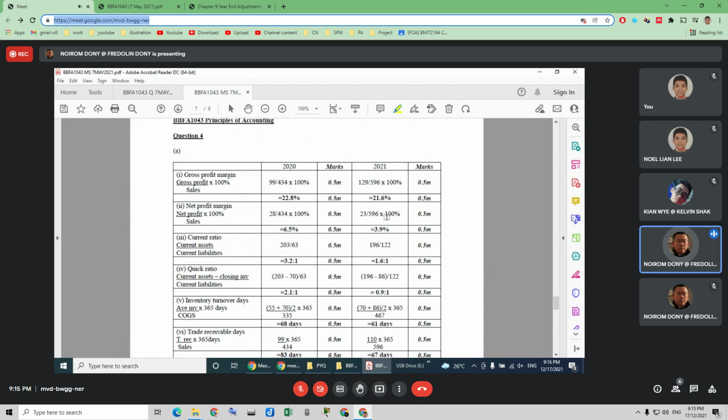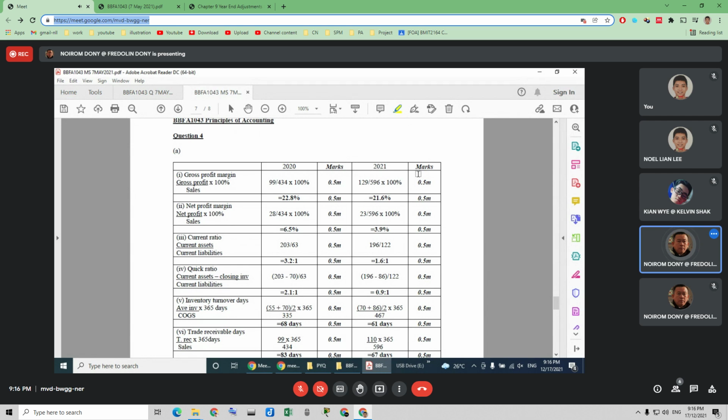So if you look at question 4, the requirement wants you to find gross profit margin, net profit margin, current ratio, quick ratio, inventory turnover days, trade receivable days, trade payable days. So gross profit margin: take the gross profit, divide by the sales and times 100%.